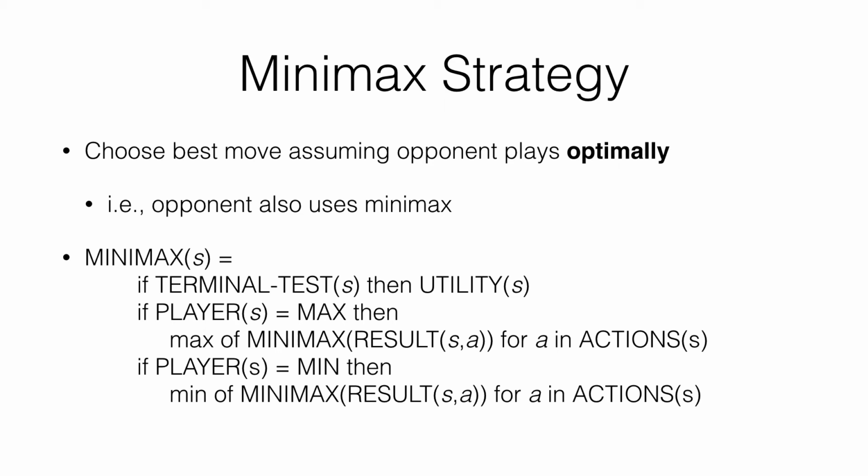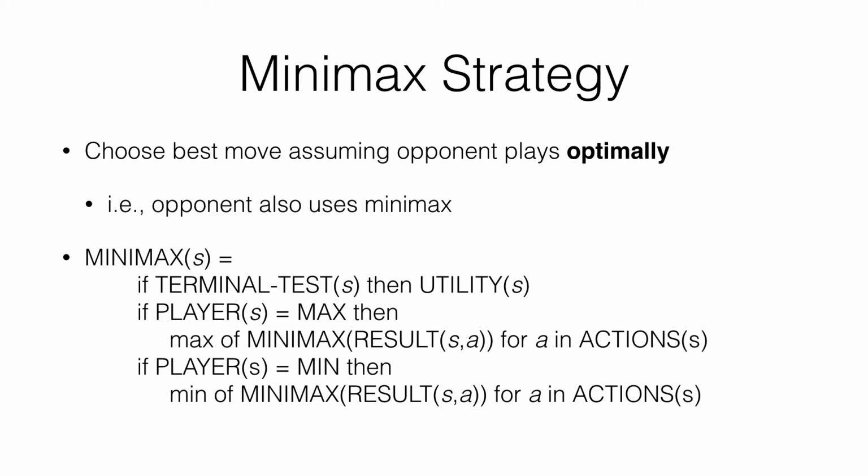So another way of describing this is that we're going to now try all of the actions that are available to us as the max player, and we're going to return the minimax score, computed recursively, of the resulting state if we were to try that action. Okay, and then similarly, if it's the min player's turn, it's going to do the opposite. It's going to return the minimum of the minimax scores of all of its possible resulting states.